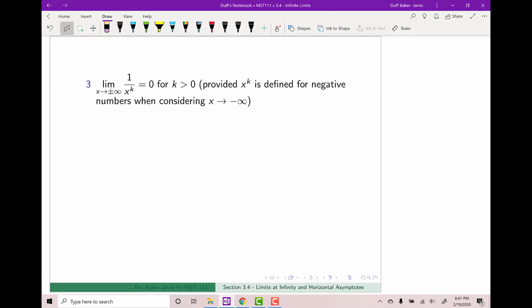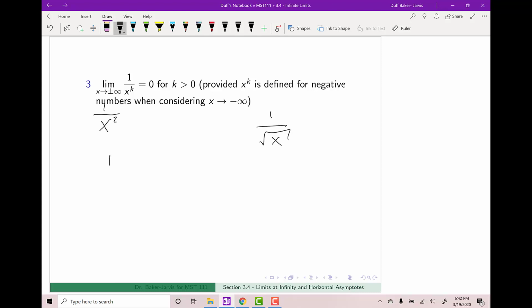So the third type of function is if I have the limit as x goes to either plus infinity or minus infinity of 1 over x to a positive power. So this turns out to be always 0. For example, you could consider something like 1 over x squared or 1 over square root of x.